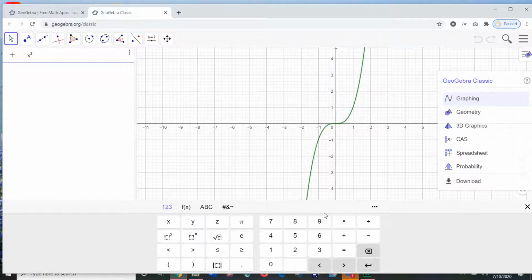But what happens is it comes up to the origin, a little before the origin. It kind of travels along the x-axis and then continues to increase. So we would say in the third quadrant, it's coming from the bottom towards the origin. It travels along the x-axis at the origin, and then it increases again in the first quadrant.